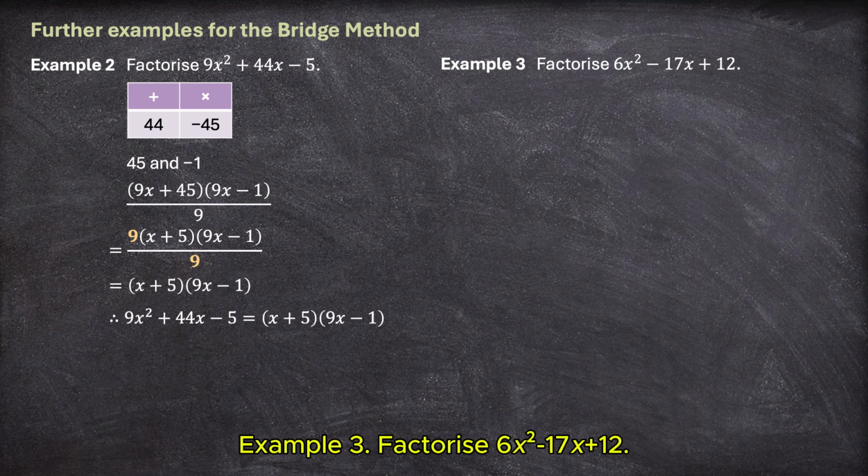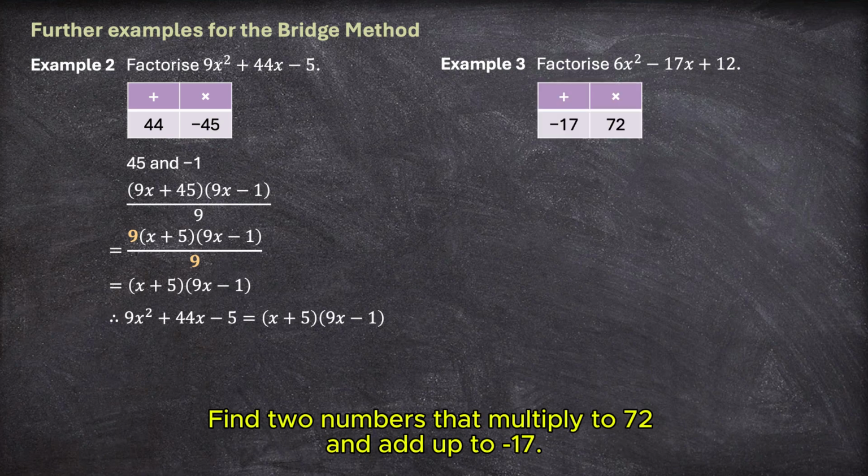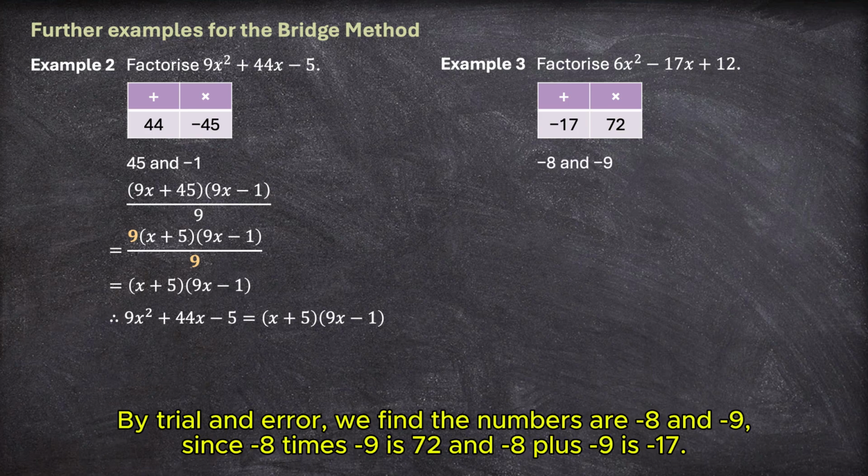Example 3. Factorize 6x squared minus 17x plus 12. Find two numbers that multiply to 72 and add up to minus 17. By trial and error, we find the numbers are minus 8 and minus 9, since minus 8 times minus 9 is 72 and minus 8 plus minus 9 is minus 17.